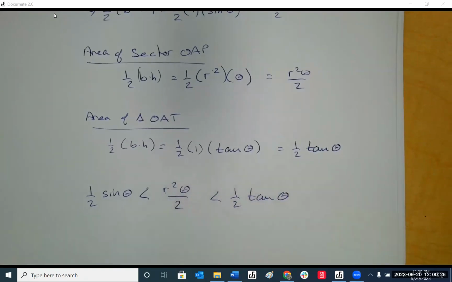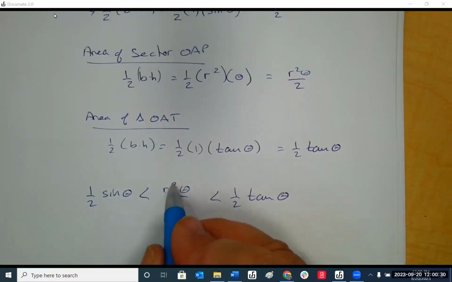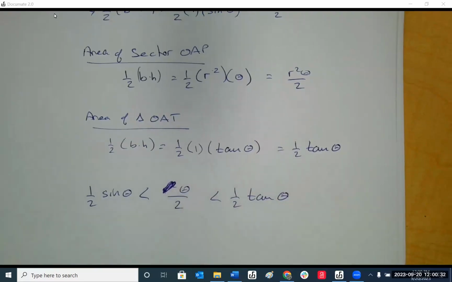What's the radius? So 1 squared is 1. So in the middle, we'll have theta over 2.